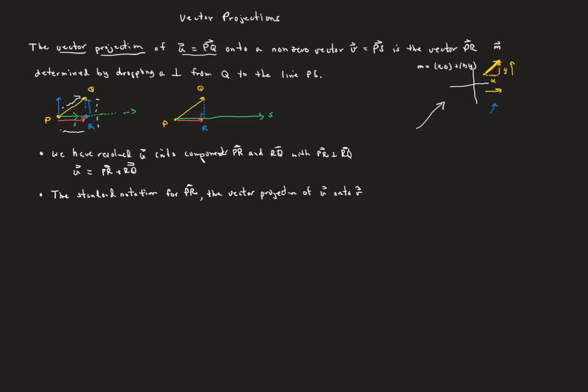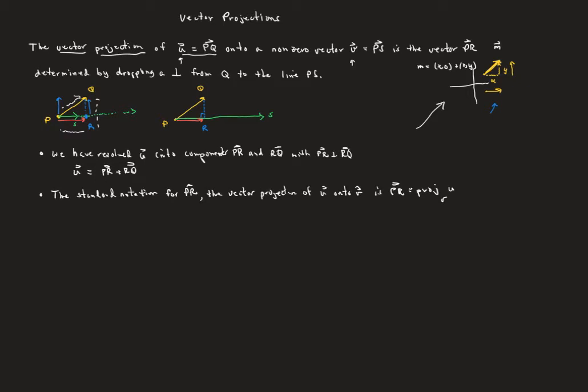Remember, we took PQ, which we called in short form u, and PS, which in short form is v. So the projection of u onto v is given by, and here's our strange notation, proj of u onto v. We say the projection of u onto v, and the v is the subscript. That's the one we're projecting onto.